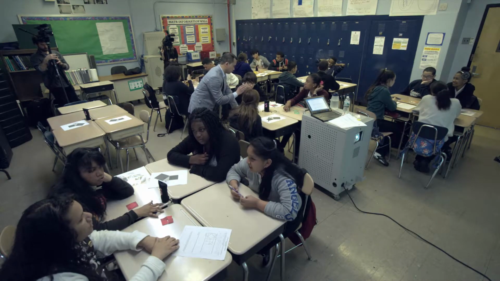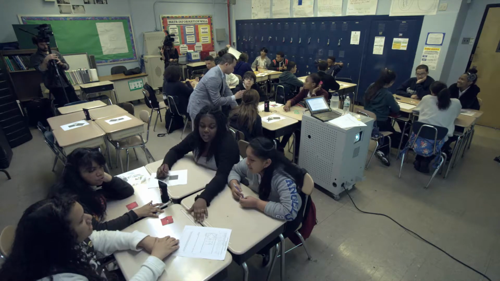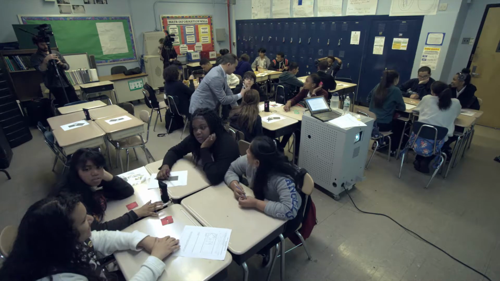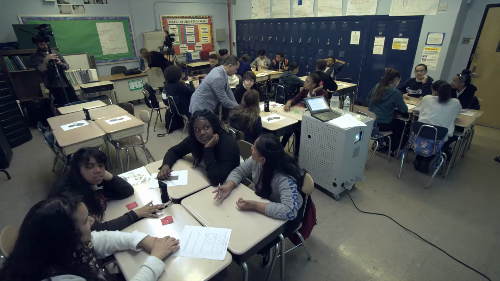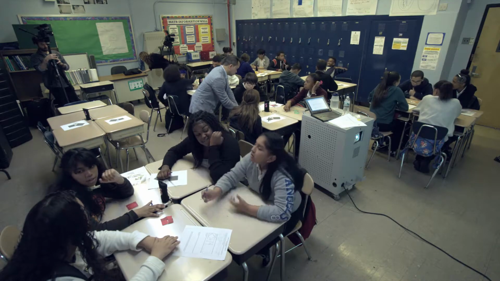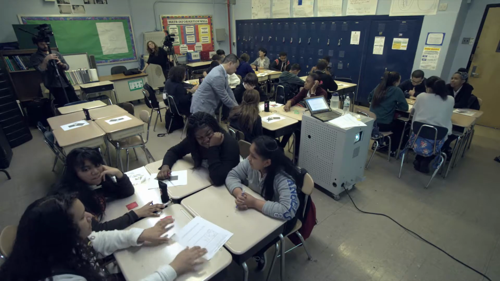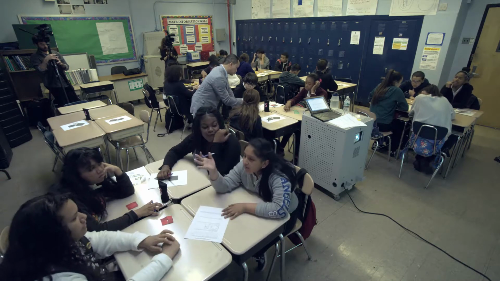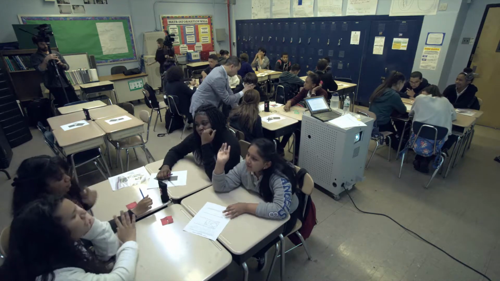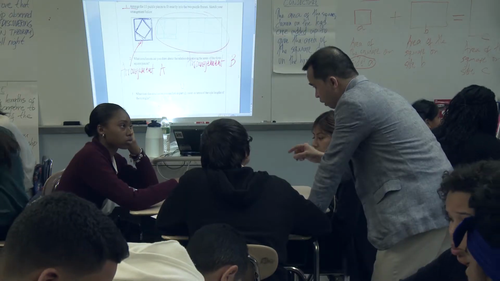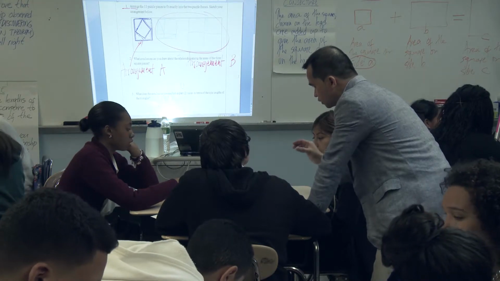Let me clarify the specific relationship that I'm asking you to think about. I'm asking you if you can draw a conclusion about the relationship among the areas of the squares.